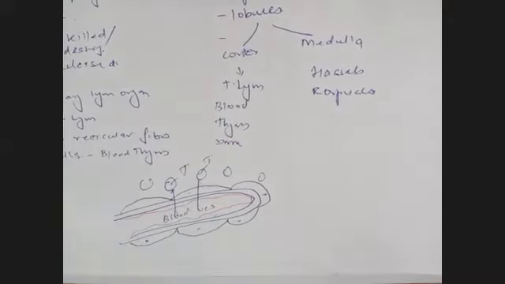Otherwise, they'll get sensitized against our own body parts. So this is the blood thymic barrier which exists very strongly in the cortex. Once the T lymphocytes are matured, they are checked, and those which are directed towards our own body are destroyed, and that's how almost 90% of those cells are destroyed.